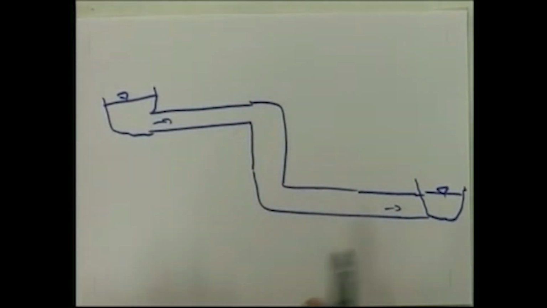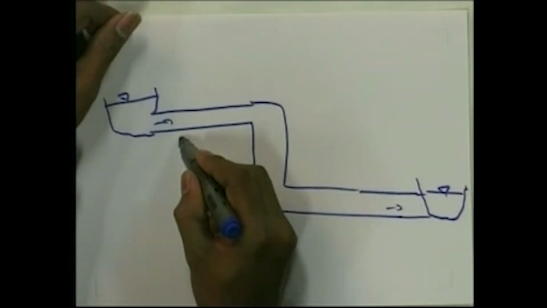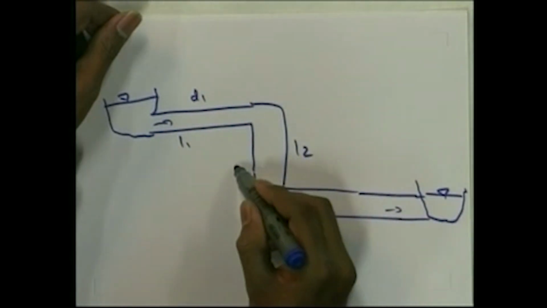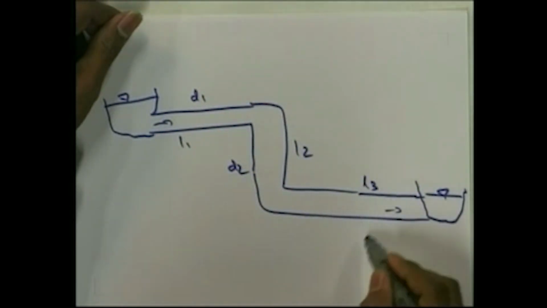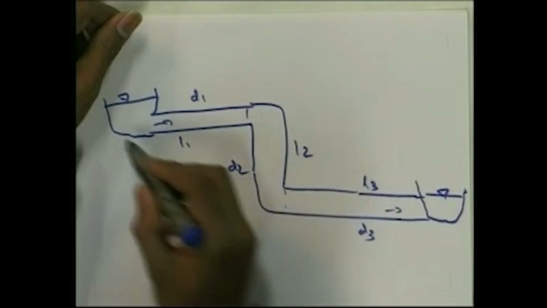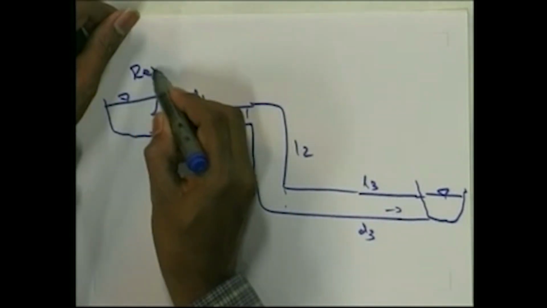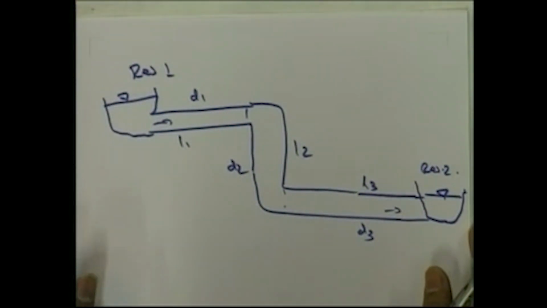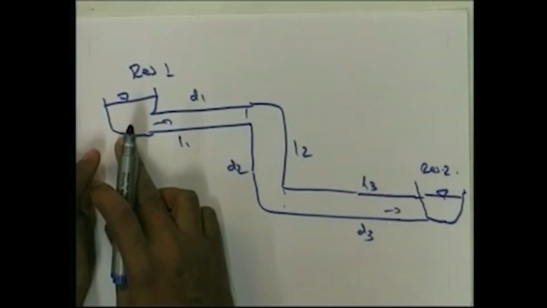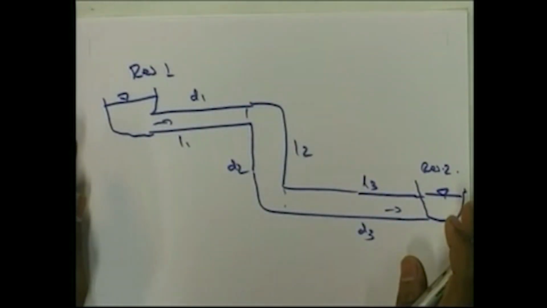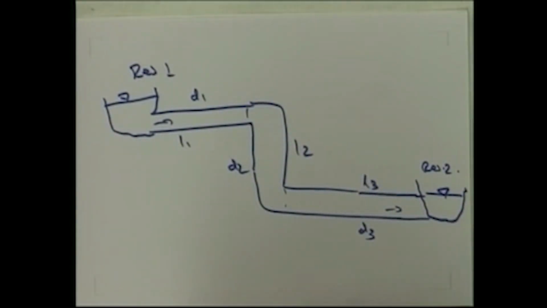So, if this is the L1 pipe with diameter D1, and here L2, D2, and this is L3, D3, depending upon the problem, here this is reservoir 1 and here reservoir 2. So, when we discuss the flow taking place from this tank to another tank, for pipe flow considering this, we have to see the losses.